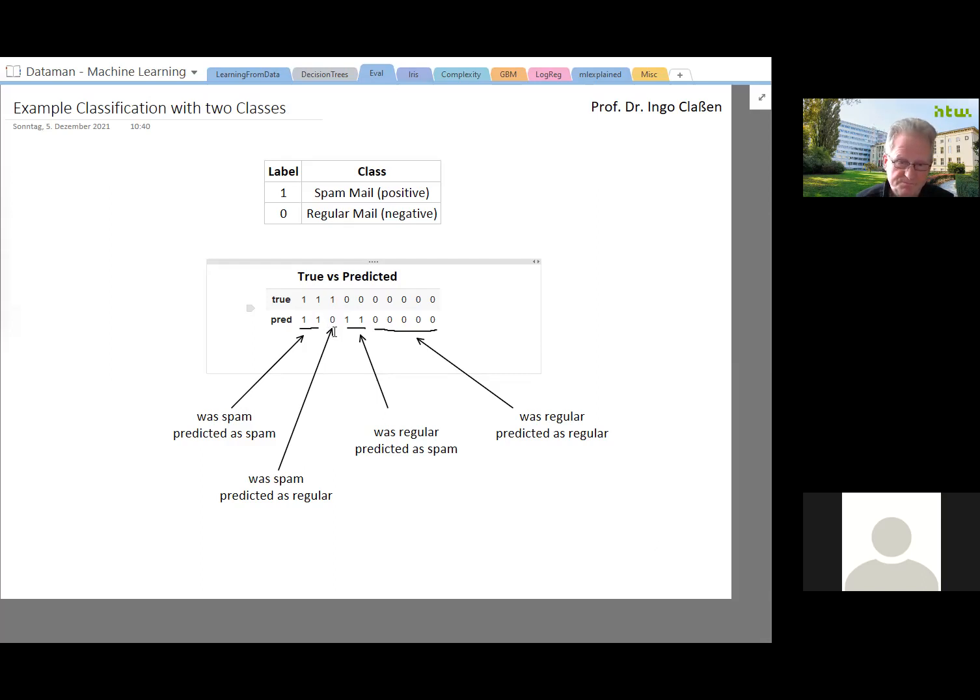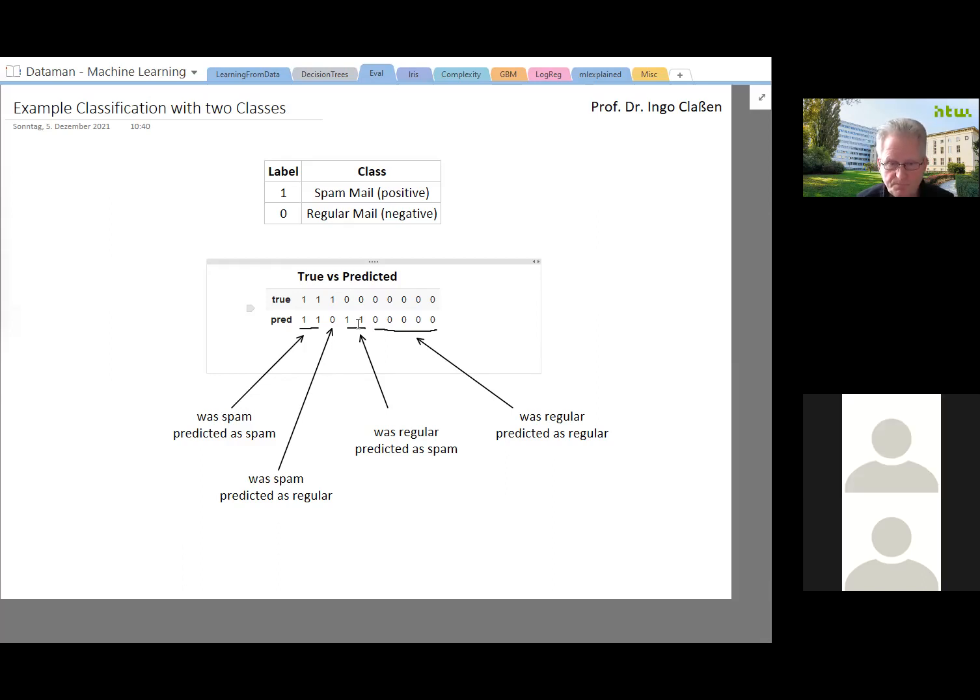So it's falsely predicted as negative. Okay, then we take the next one here. We predict it as spam, but actually it was regular. So that's a false positive. And the other ones here were regular, and they were predicted as regular. So the first 2 and the last 5 here were okay, and the other ones were not okay.